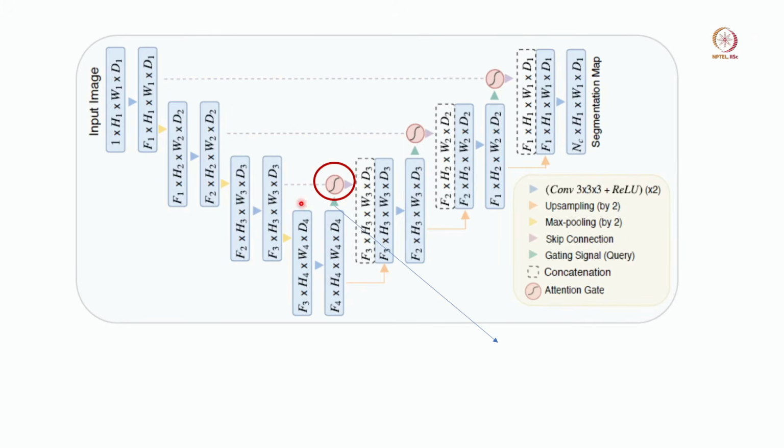It has your gating signal, the green one, and this is your skip connection, which takes the encoder feature map. Let us consider the size is 64 cross 64 cross 64 for the gating signal, and the encoder feature map is 128 cross 128 cross 128.